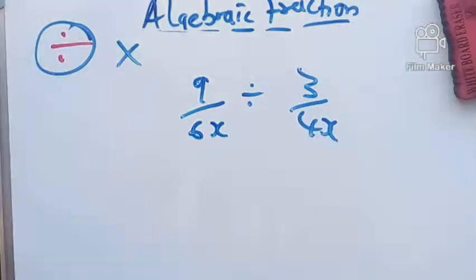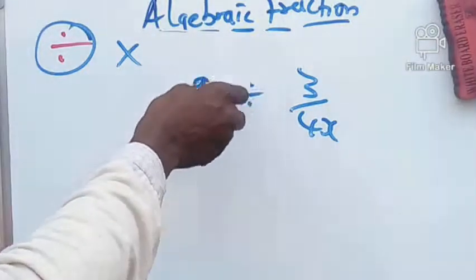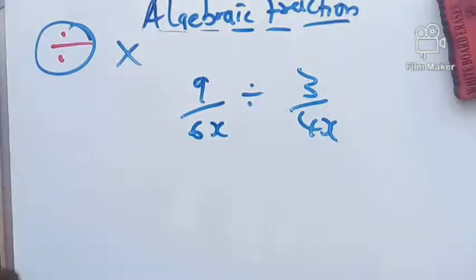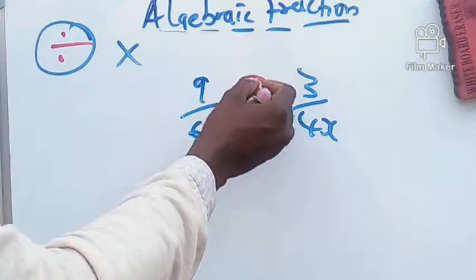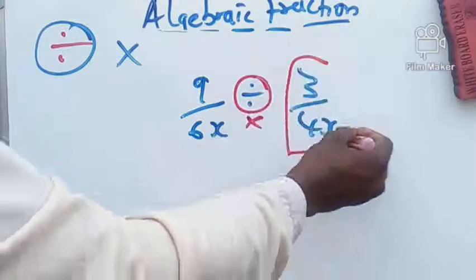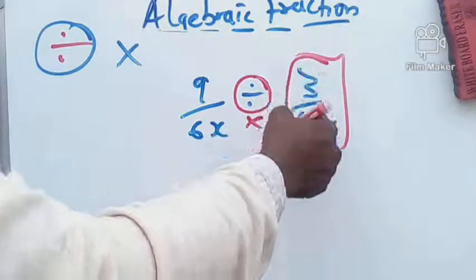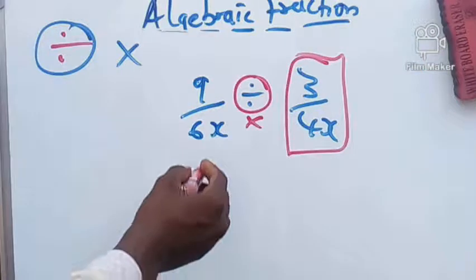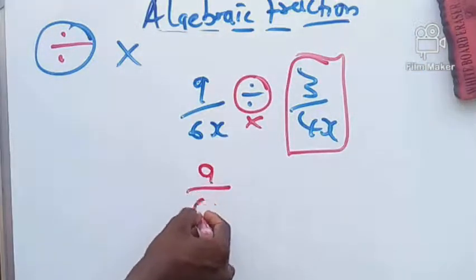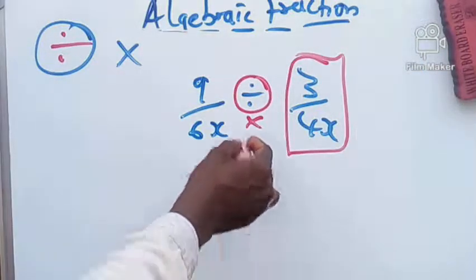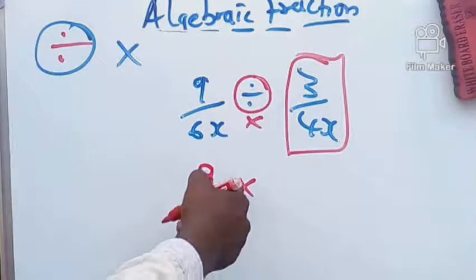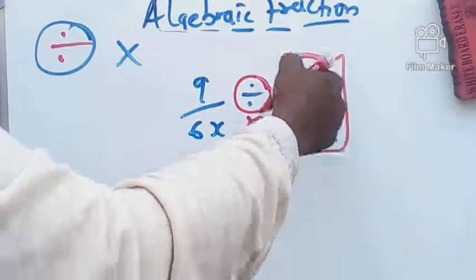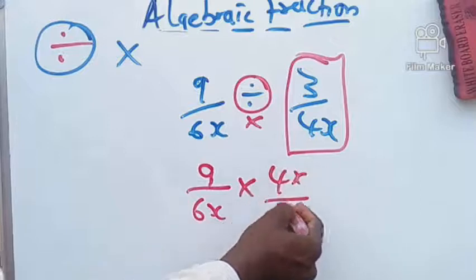How do we tackle this problem? The rule says change the division sign to multiplication sign, and this fraction interchanges its position. So this is 9 over 6x multiplied by, this goes up, this comes down, so you have 4x over 3.